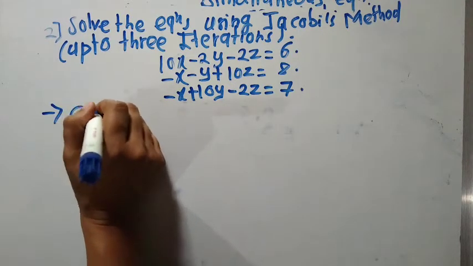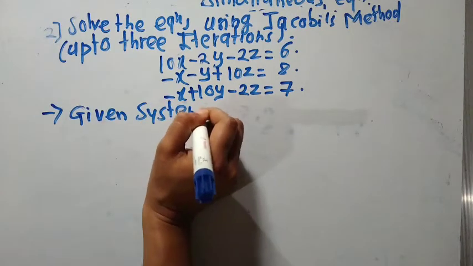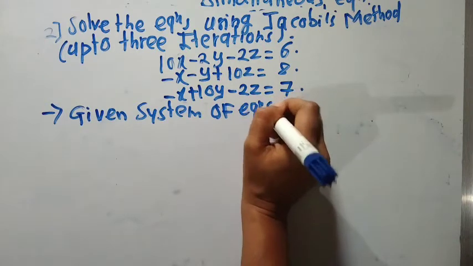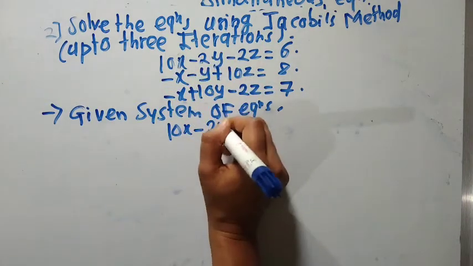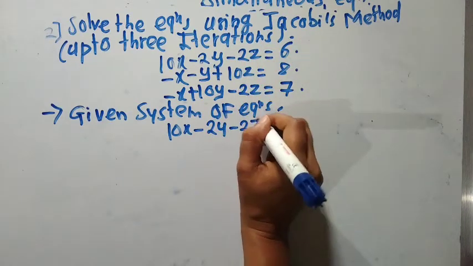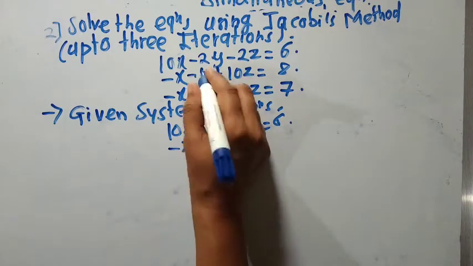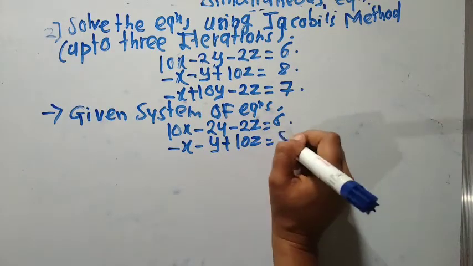Then first, the given system of equations: 10x minus 2y minus 2z is equal to 6. Then minus x minus y plus 10z is equal to 8.